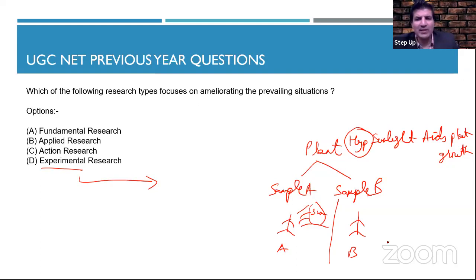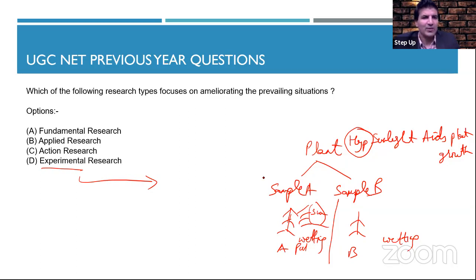For example, I am putting water in both of them, so I'm wetting both. Basically the only difference is here there is sunlight, here there is no sunlight. After a few days when I observe, I will see that only this plant is growing. So I would know that I have found out the correlation saying that yes, sunlight actually aids plant growth.